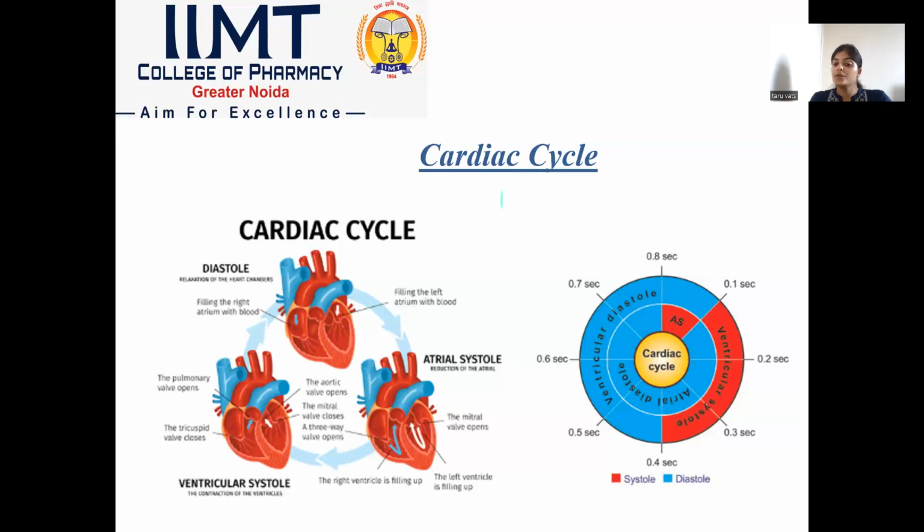Total time is 0.4 second, atrial systole plus ventricular systole. When we combine both timings, it comes to 0.4 seconds. Now, at diastole, our heart relaxes for 0.4 seconds. Total time duration is 0.8 seconds for this cardiac cycle.